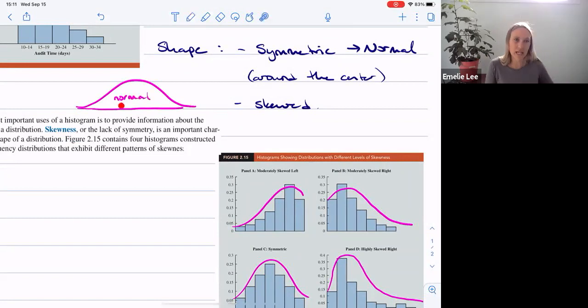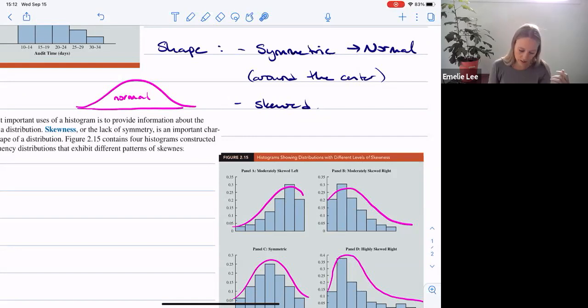Sometimes I'll capitalize it because it's a name, right? It kind of gets confusing because it is the most common naturally occurring distribution in pretty much anything that we measure. But in business, when we're dealing with money, we often see skewed distributions. So that's why we need to talk a little bit more about skewed distributions in our case here.